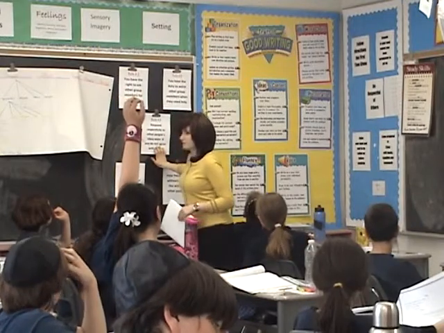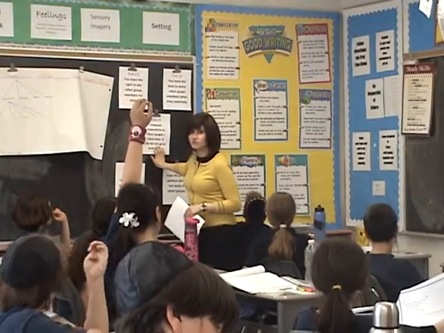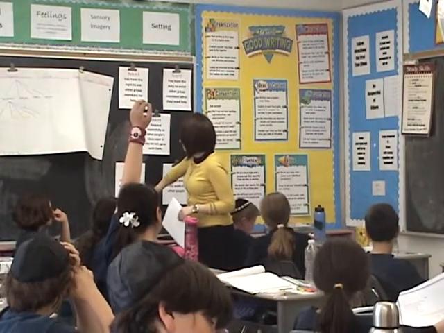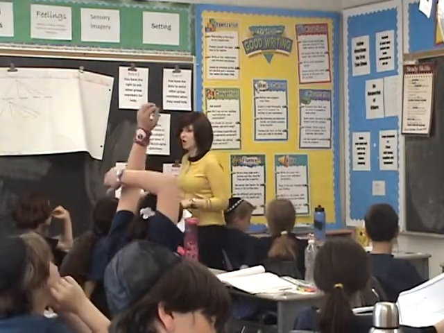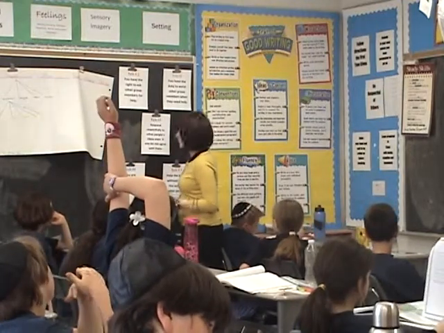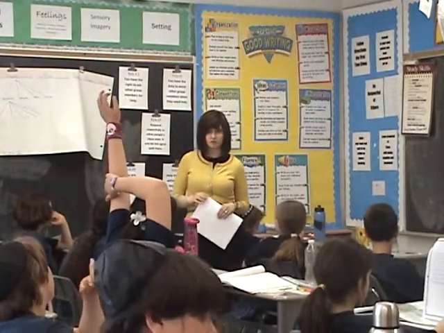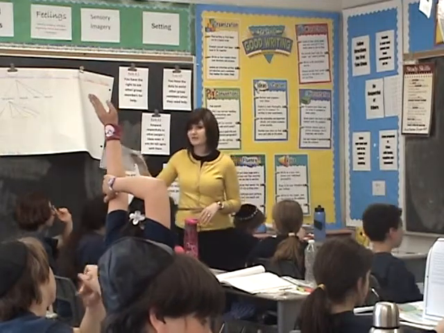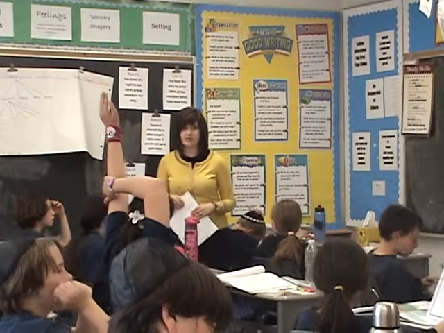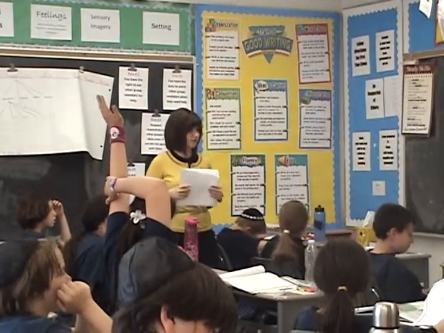We need to respond respectfully to people's ideas, even if we don't like them or we don't agree with them. We need to be responsible for our own work and behavior at all times. And lastly, we have to help the group without doing the work for other people. Okay, and I'm going to be going around meeting with the groups as you're working, assisting wherever you guys need help, clarifying whatever you need clarification for.